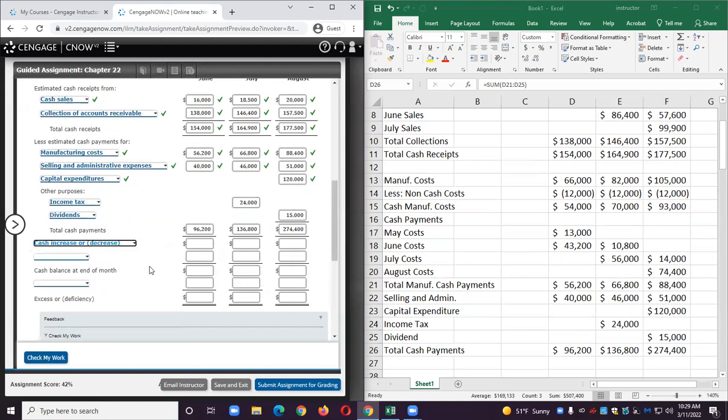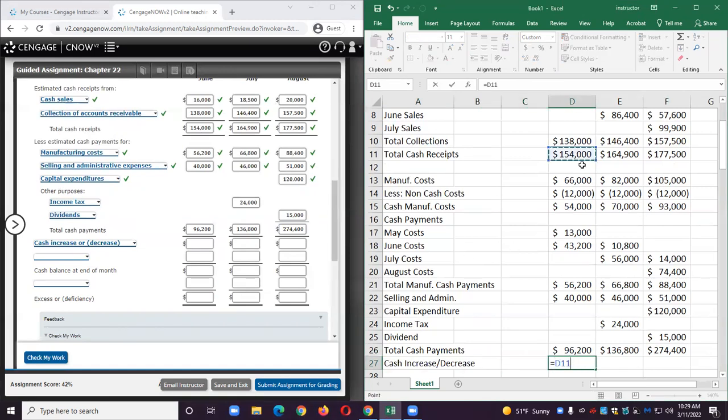Cash increase or decrease is just our total cash receipts minus our total cash payments, right?